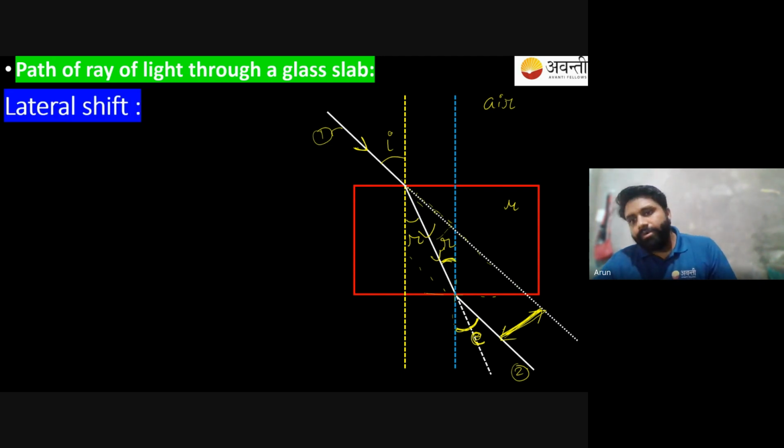So if I want to calculate this lateral shift, how are we going to calculate it? Now look at this point. I have drawn a normal to this ray, and this length is nothing but L, the lateral shift.